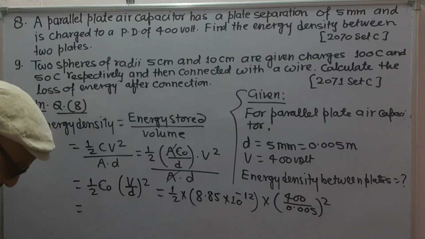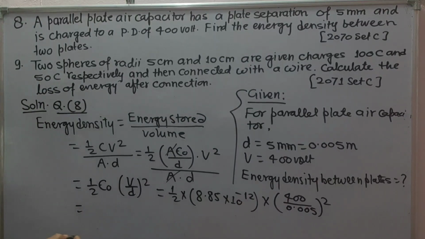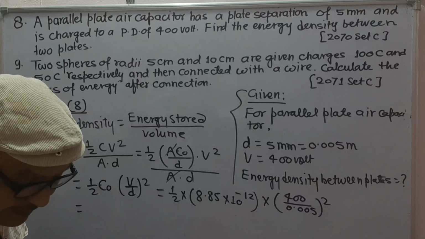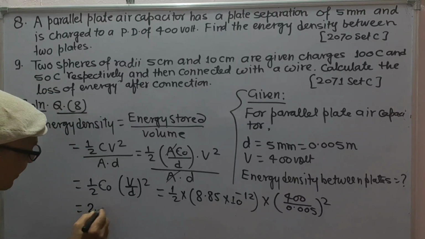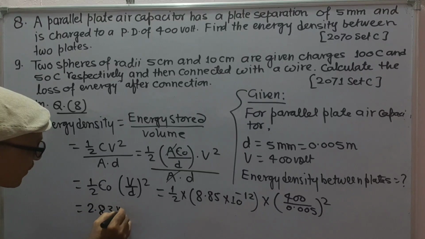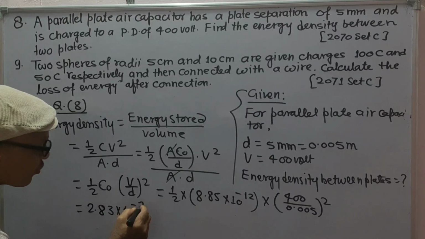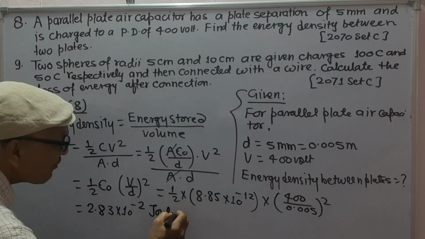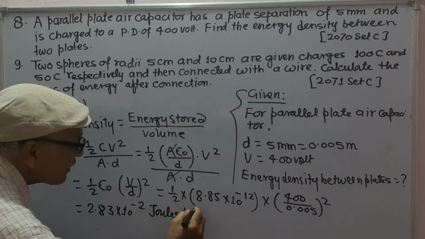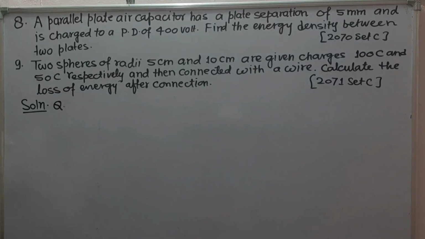On simplification we get energy density as 2.83 into 10 to minus 2 joules per meter cube. Next we take question number 9.